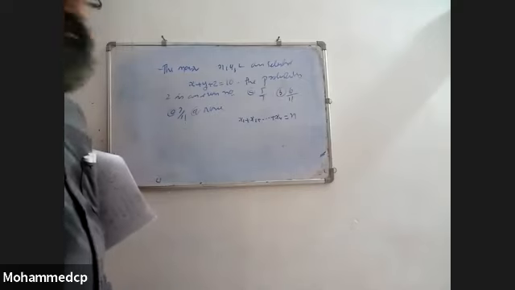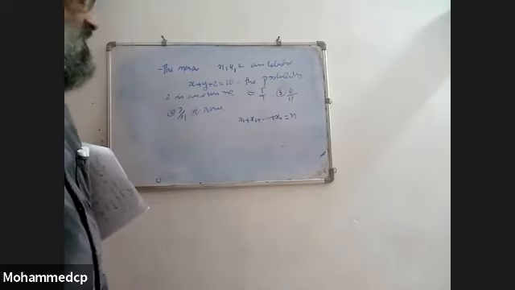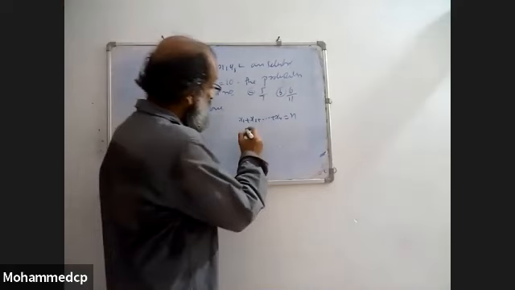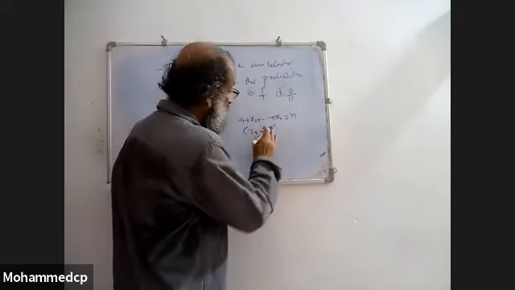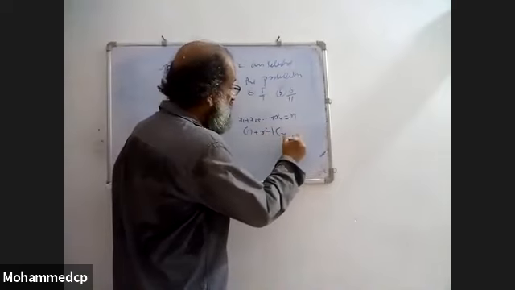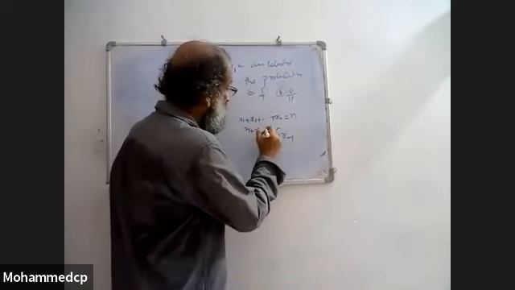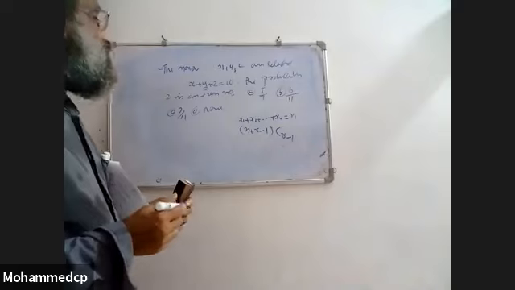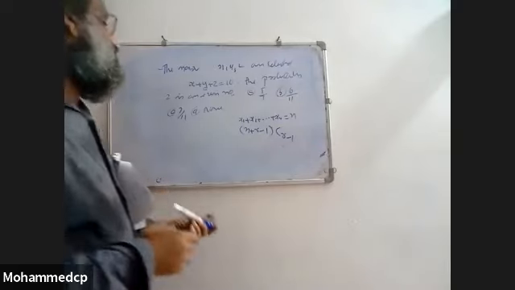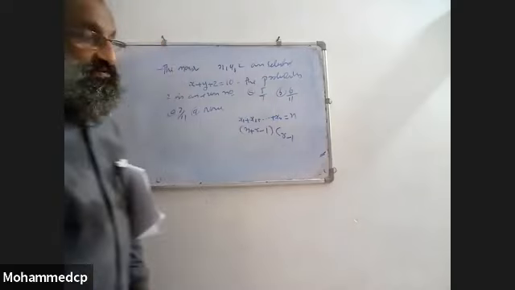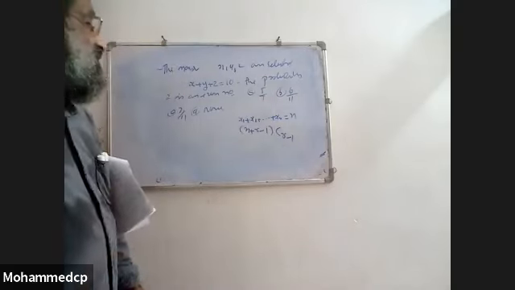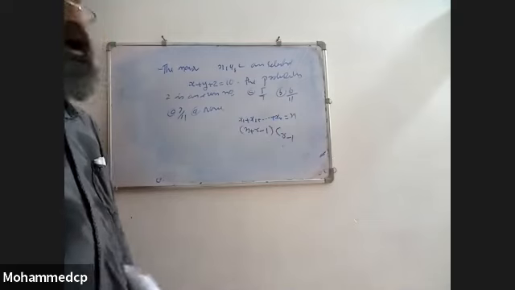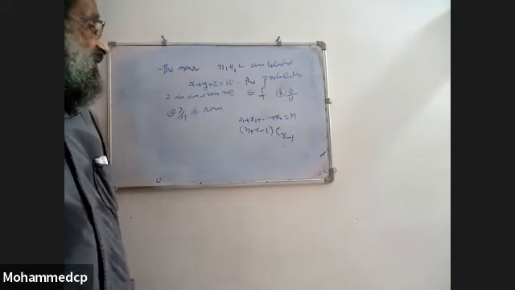The number of non-zero integral solutions of x1 plus x2 plus etc. plus xr equal to n, where each xi is a non-zero integer, is given by n plus r minus 1 C r minus 1.